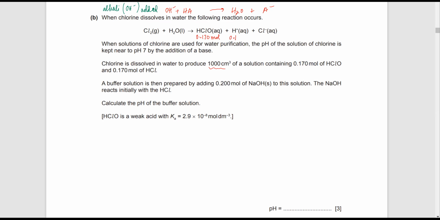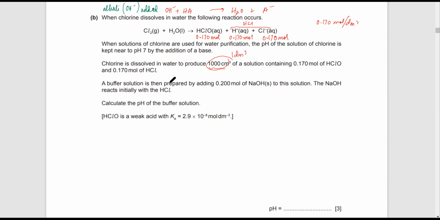This is HCl, right? He's already told you that chlorine is dissolved in water to produce a 1000 cm3 solution. Now the concentration would be exactly the same. All of them would have a concentration of 0.170 mole per dm3, because this is 1 dm3.